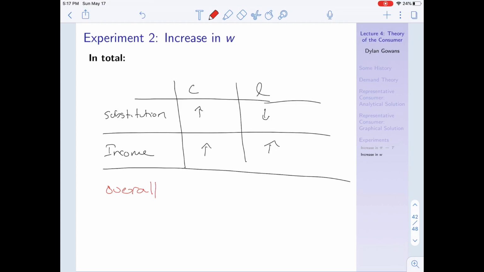Well, the overall effect on consumption is obviously positive, but it's unclear what the overall effect on leisure is, okay? And in fact, to figure it out, we would need to know the utility function to know which effect dominates and to know whether leisure increases or decreases when we increase the wage.